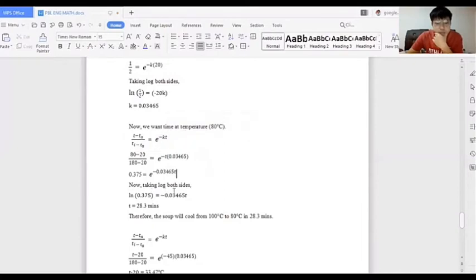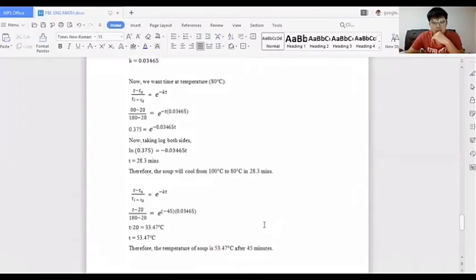Now taking log of both sides, ln 0.375 equal to minus 0.03465t, and t is equal to 28.3 minutes. Therefore, the soup will cool from 100 degrees Celsius to 80 degrees Celsius in 28.3 minutes.